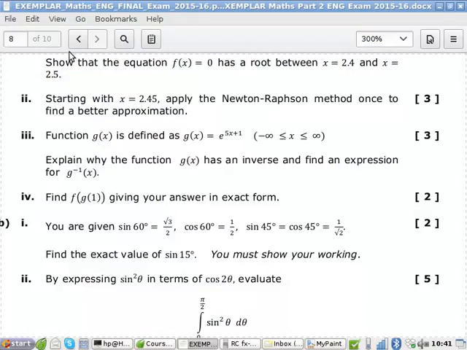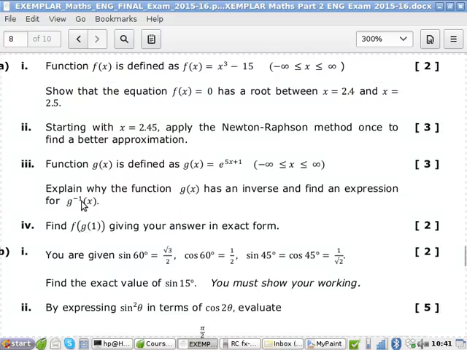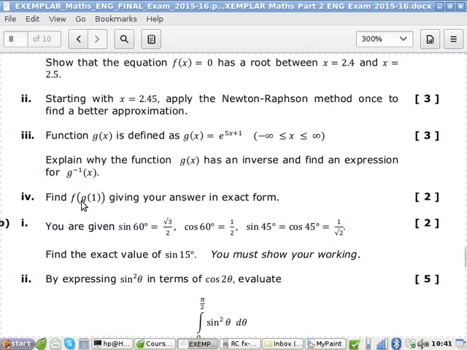And yes, we might as well finish it off actually. So this I hope you can do. Find f of g of 1 where, what the heck's f? Oh, f was from previously, x cubed minus 15. So calculate f of g of 1.